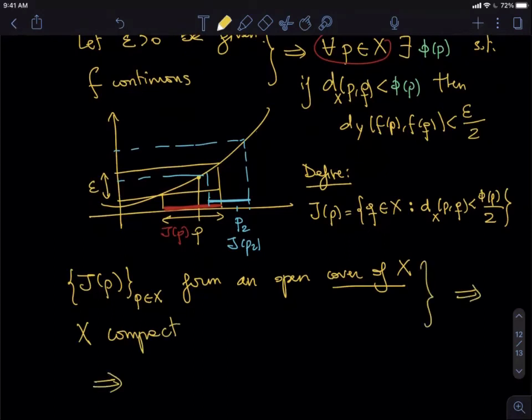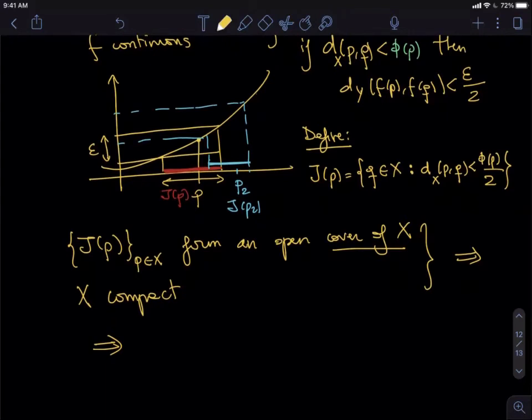Okay. And here we have already used our two hypotheses. The compactness is going to tell us that there is a finite subcover.